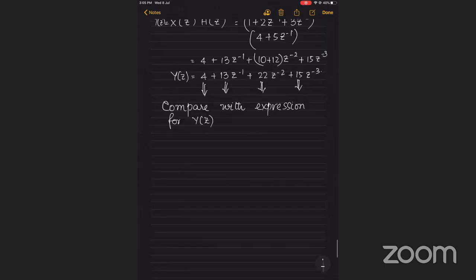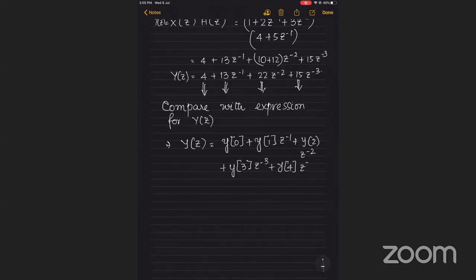Y of z is nothing but y of 0 plus y of 1 z power minus 1 plus y of 2 z power minus 2 plus y of 3 z power minus 3 plus y of 4 z power minus 4, and so on.